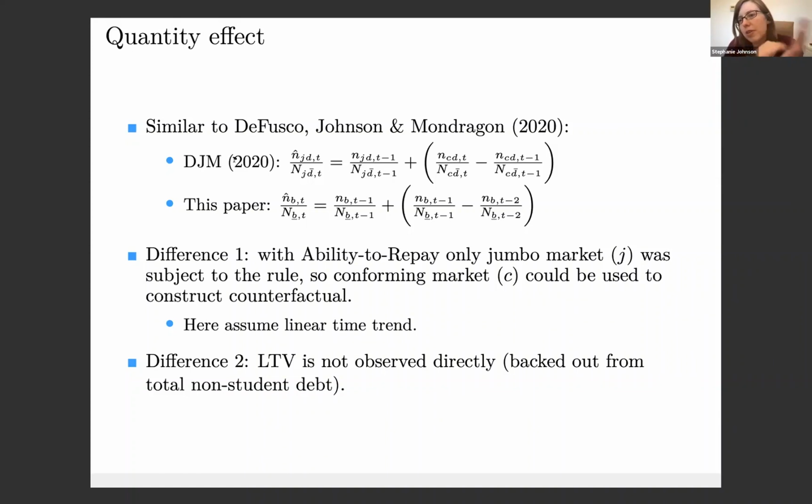So the loans that you observe are the loans that you would have observed if the policy hadn't been in place. That's what this capital N is here in the denominator. Then you use that as a base to compute these bin shares. The little n's in the numerator are the number of loans in a particular DTI bin in our case, or LTV bin in this case, and the hats are the counterfactuals.